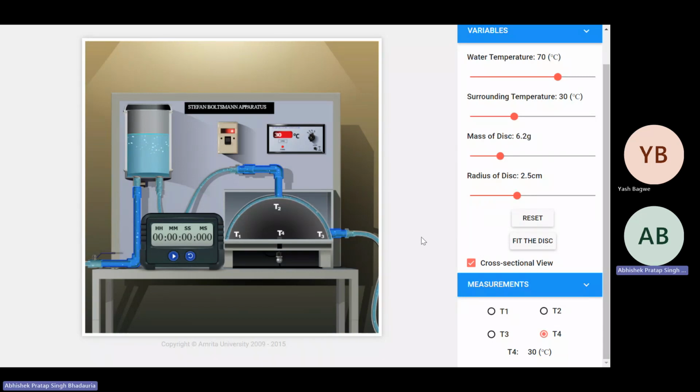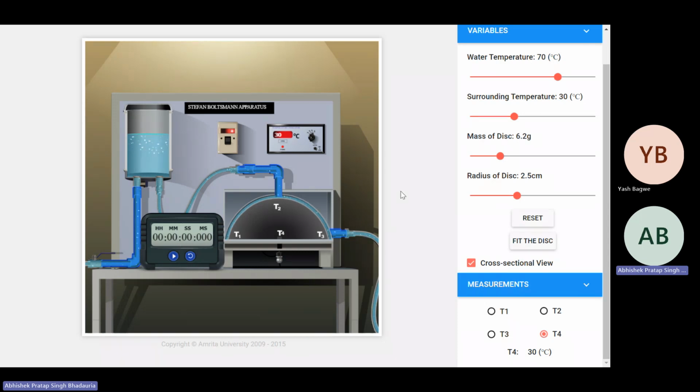Now we have to click on fit the disk. As soon as I click on fit the disk, it will turn on the power supply and the temperature change will automatically take place with respect to time. We can record the temperature change with the help of this temperature indicator, and the time change with the help of the stopwatch.